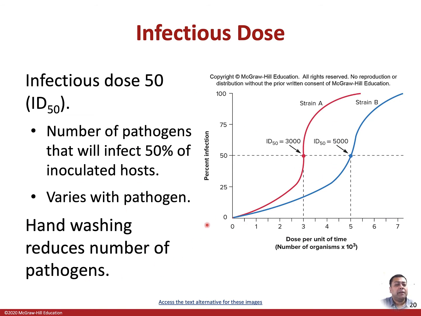But basically, why this is important is that hand washing or sanitization reduces the number of pathogens. For example, in the food, beverage or restaurant industry, say we have a particular bacterium X and its ID50 is 3000. By hand washing and sanitization, that number should be significantly less on the cleaned utensils.